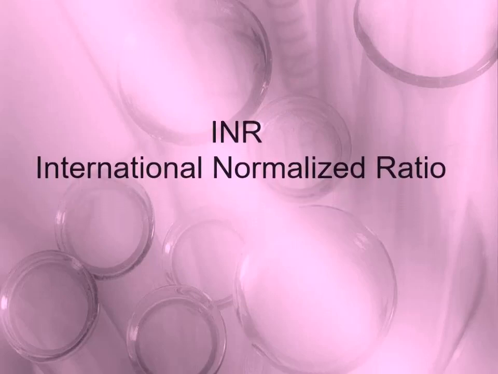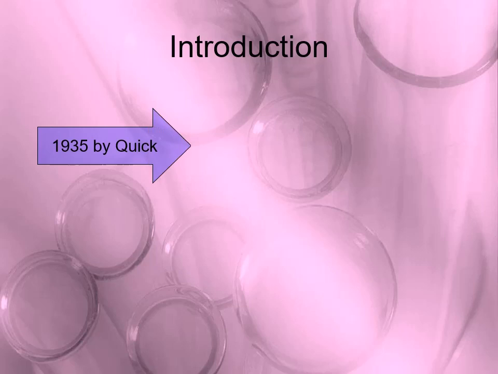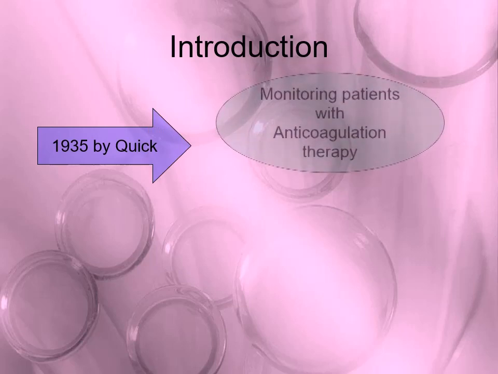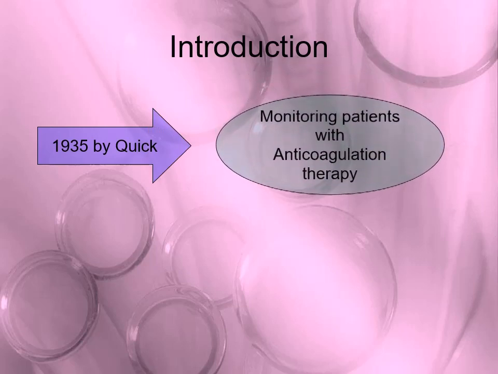INR, International Normalized Ratio. Since the introduction of prothrombin time in 1935 by Quick, it's been the mainstay of monitoring patients on anticoagulation therapy.